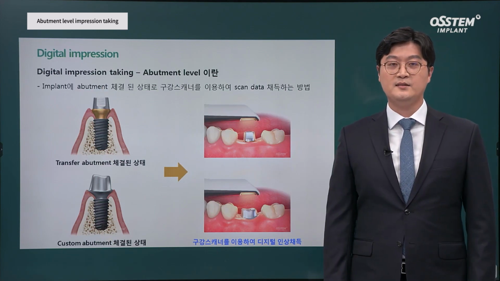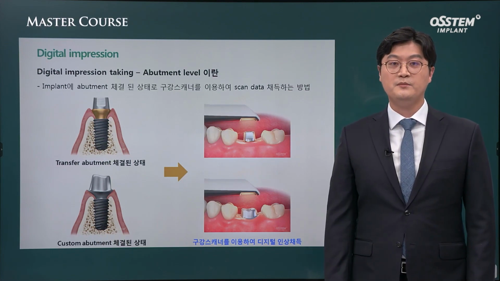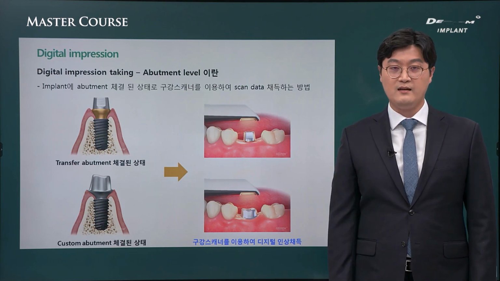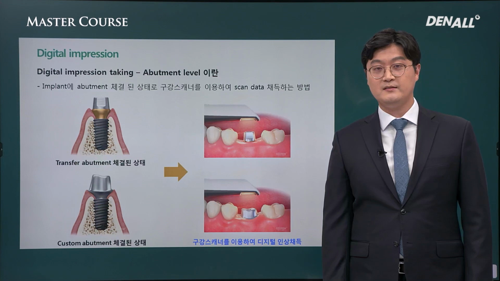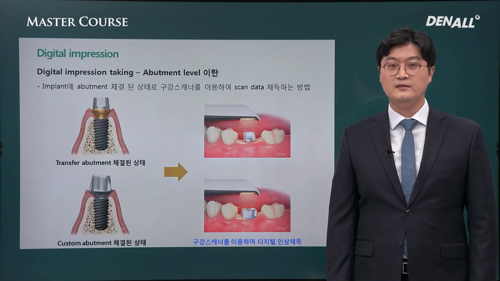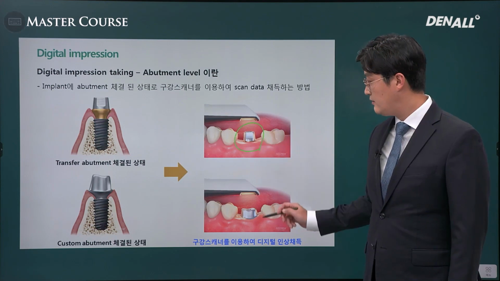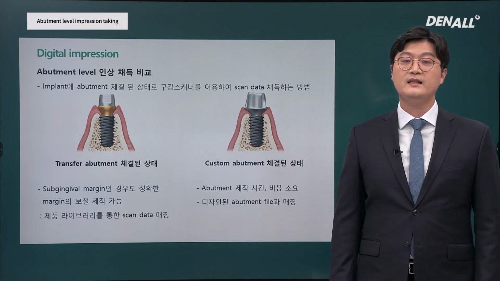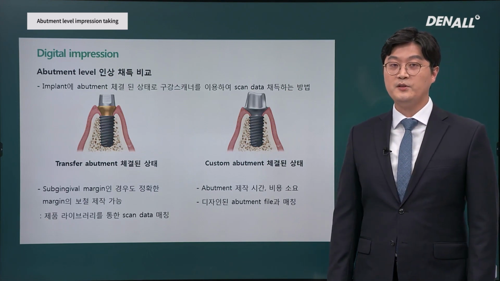Today, digital impression taking is used by more and more dental offices. Abutment level digital impression taking is based on scan data acquired through an intraoral scanner, such as Osstem Trios 4, after the abutment is connected to an implant. The final prosthesis is fabricated based on scanned abutment data.